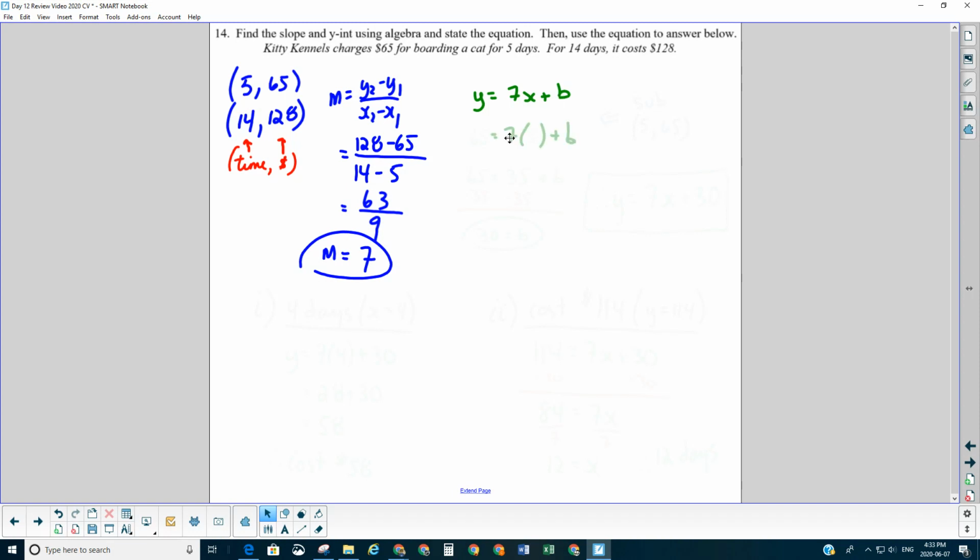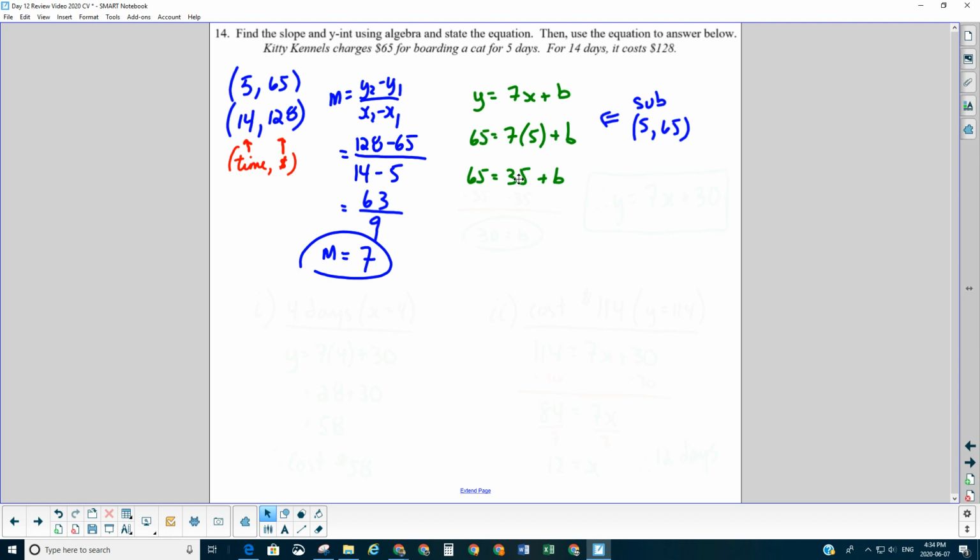So what do we do now? Well, we're going to take one of these coordinates, either one. I've chosen 5 and 65 just so the numbers are smaller, and substitute it into the equation. The y value is the second number, so 65 is my cost. For how many days? The x value is 5. Now we're going to use our algebra that we've been practicing all year. 7 times 5 is 35.